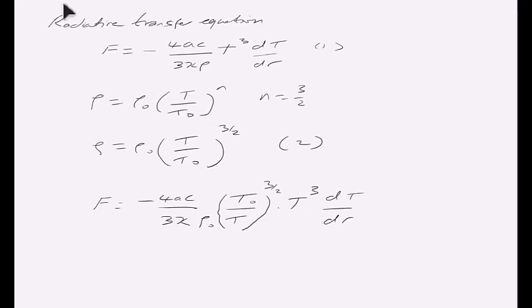And we can check, we now have a T here to the power of 3 over 2 and a T to the power of 3. And so let's just treat these terms in isolation to see what this looks like.